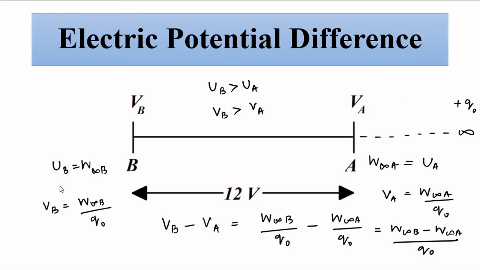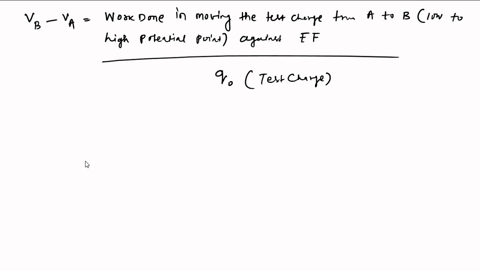So the SI unit of potential difference is also volt, the same as electric potential, 1 volt.